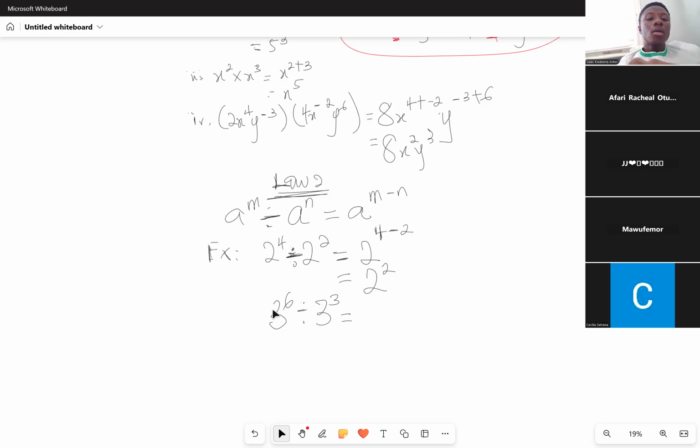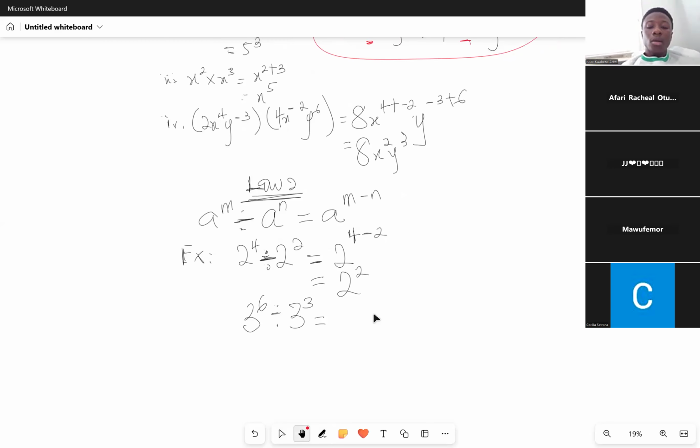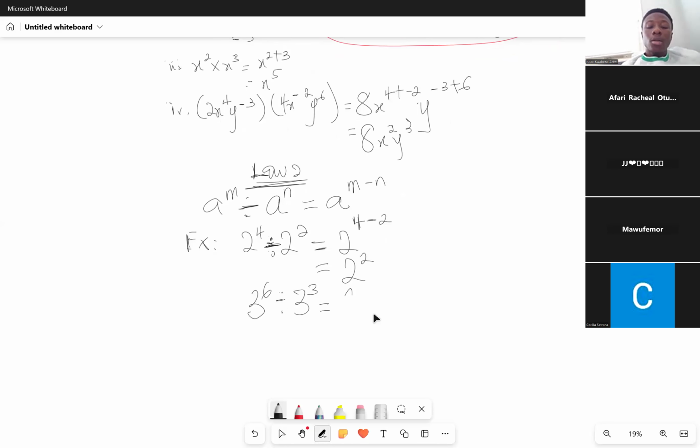So 3 raised to the power 3, 3 exponent 3. No, give it to me in steps. So 3 raised to the power 6 minus 3, and so it will be equal to 3 exponent 3. That's the final answer.